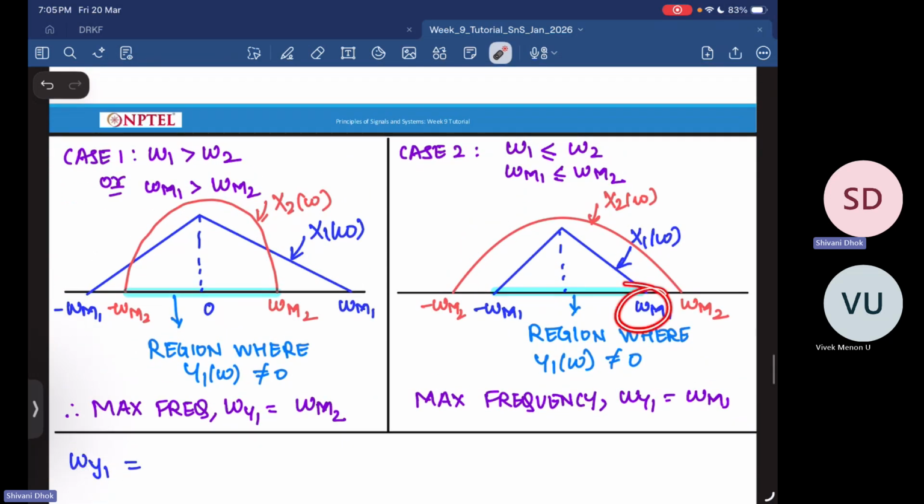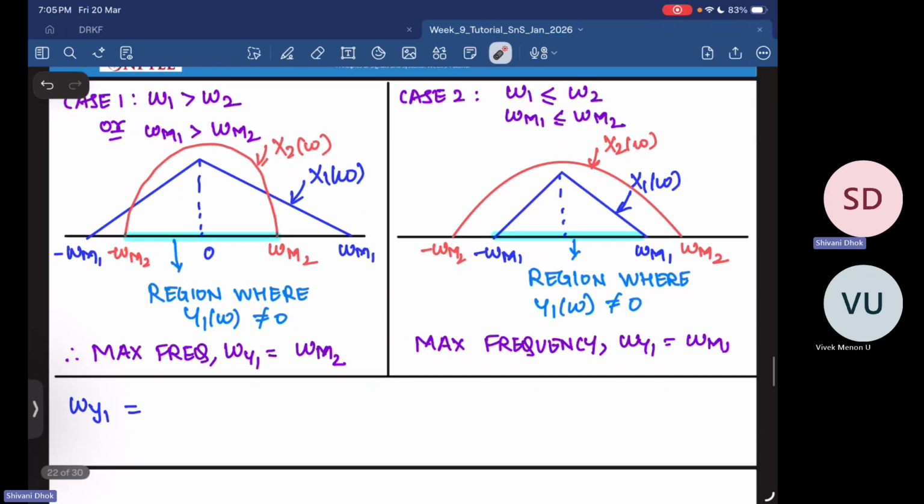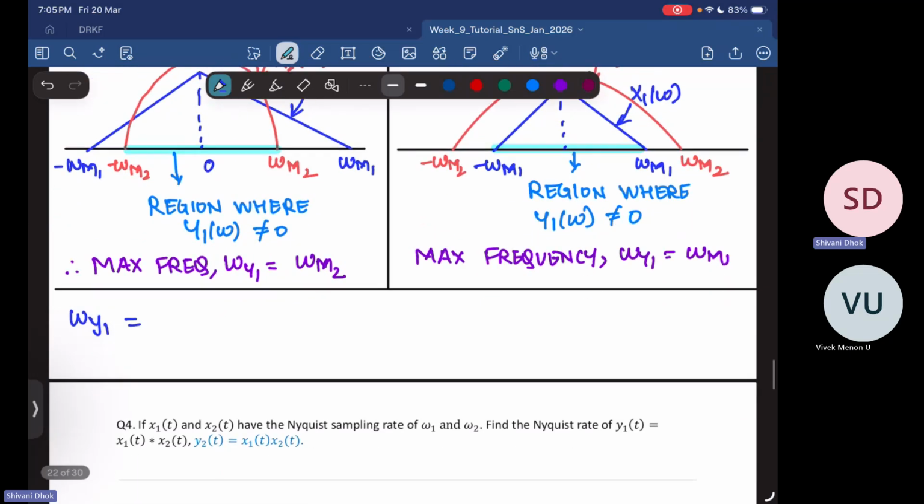Therefore omega y1 is equal to the minimum of omega m1 and omega m2.